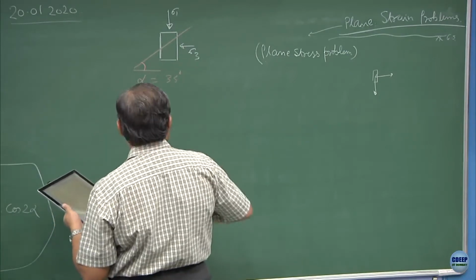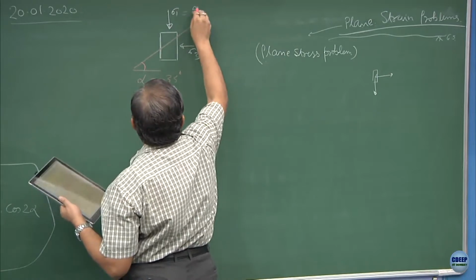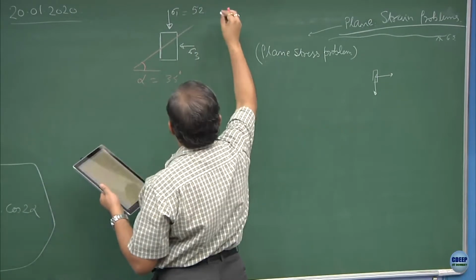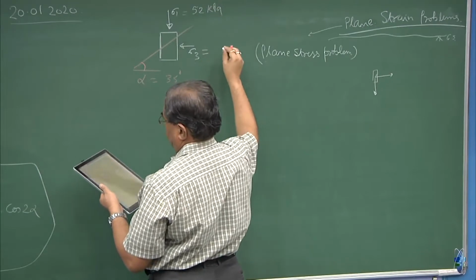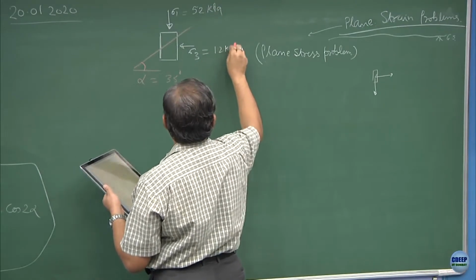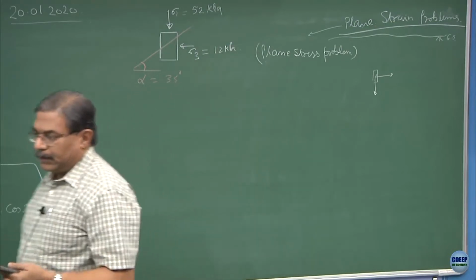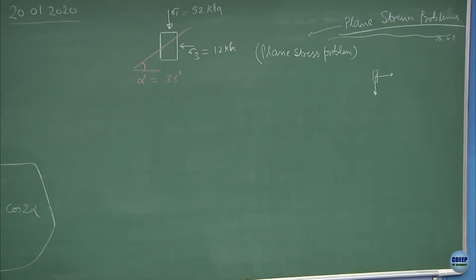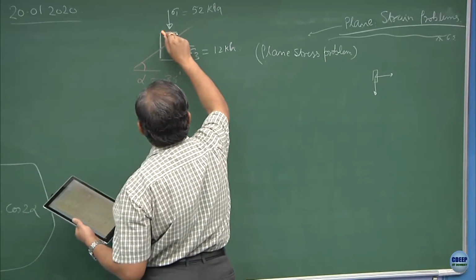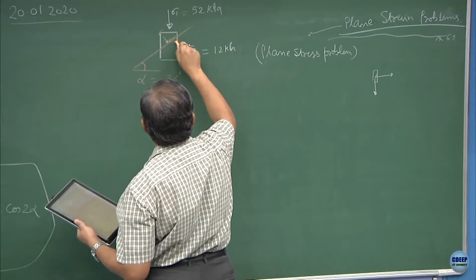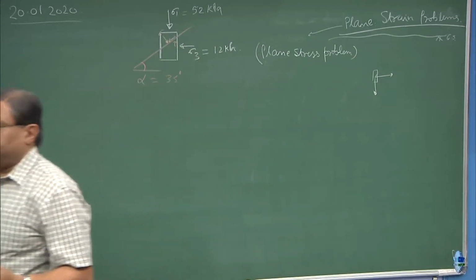Sigma 1 is 52 kPa, sigma 3 is 12 kPa. Find out the state of stress at this point, which is nothing but sigma and tau. I hope you can solve this problem.